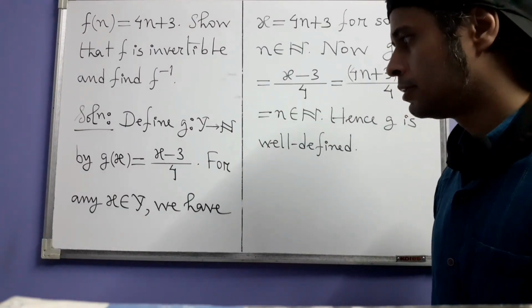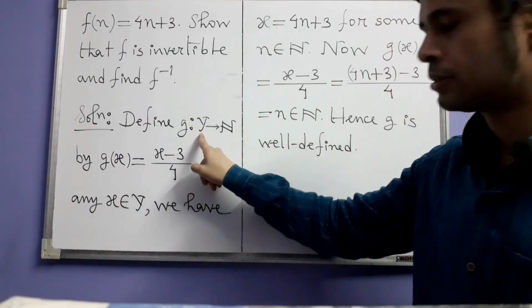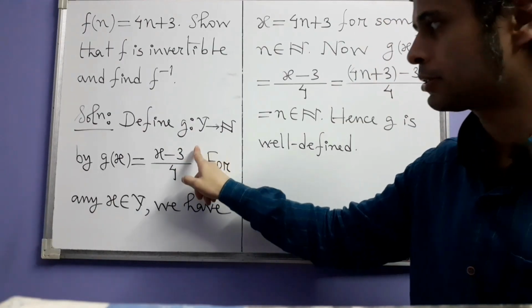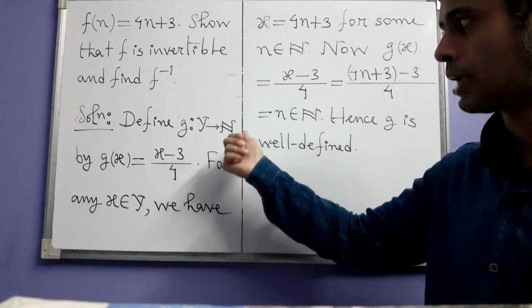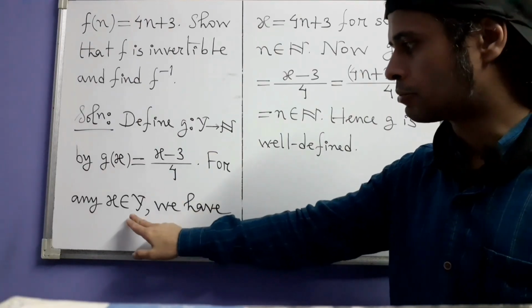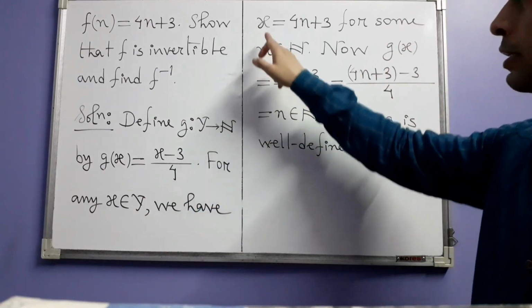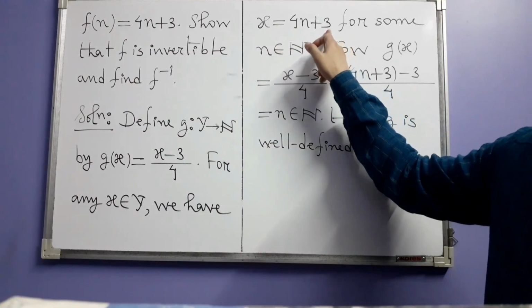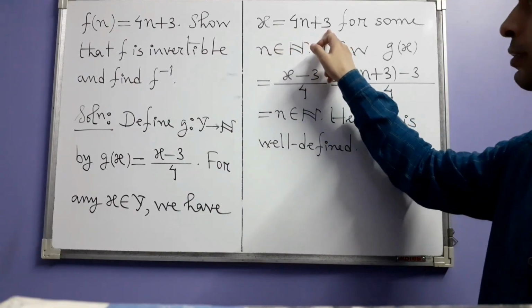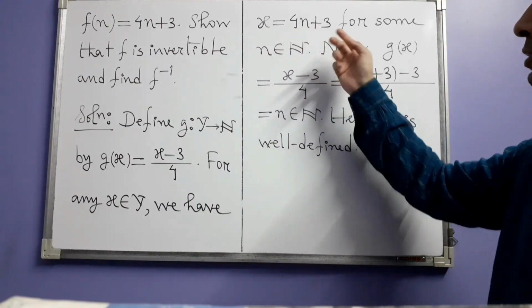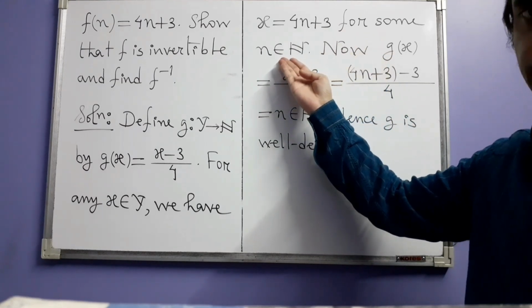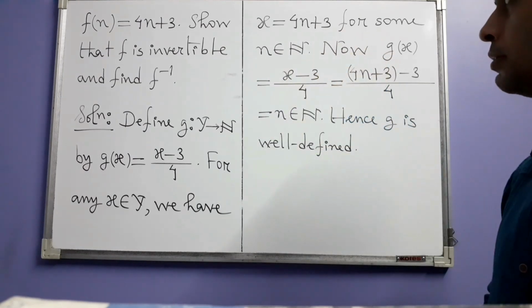We take any element x in the domain of g and we want to make sure that the output lies in n. Now, what does it mean for something to be in y? It means that something looks like this by the definition of the set y. It will be equal to 4n plus 3 for some natural number n.